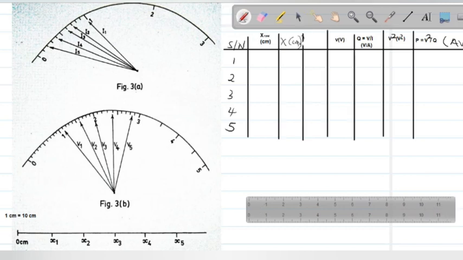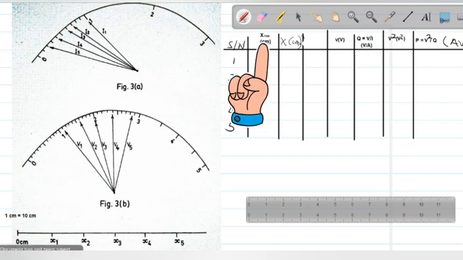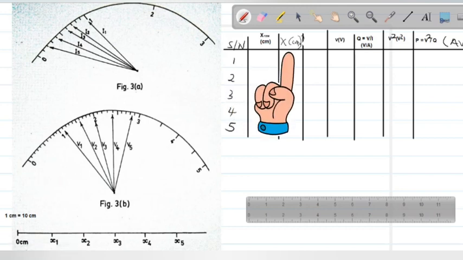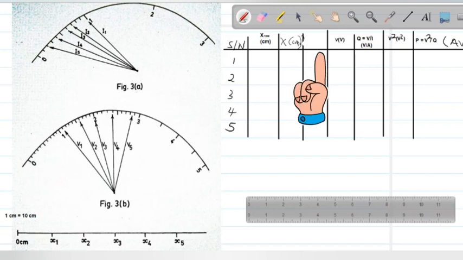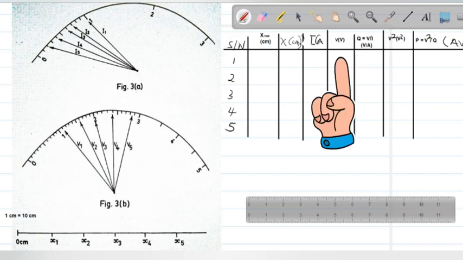Now you'll see a composite table here. I've already drawn the table to make my work easy and to make the video a short one. So you have the raw values of X, then the converted values. The reason why I'm having the converted values of S is because of the scale that we're given here. Then on this column, we also have the values of the current I that we measured in amps. Then we have the voltage.